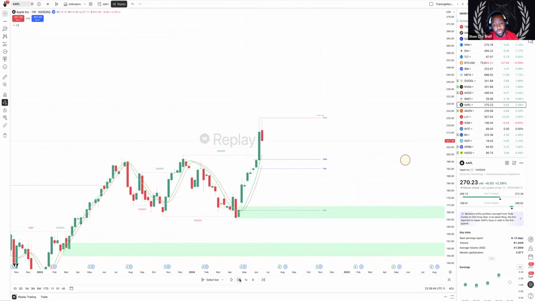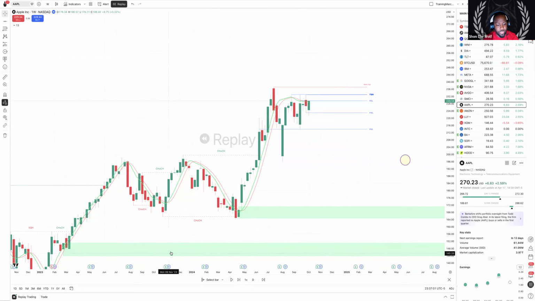But did Apple come back and retest their order block, or would that just be a completely missed trade, right? So they would have to wait a very long time to get a retest of that order block. I'm trying to go through it as fast as I can here, but sometimes, just like this weekly order block right here, never came back down, right?